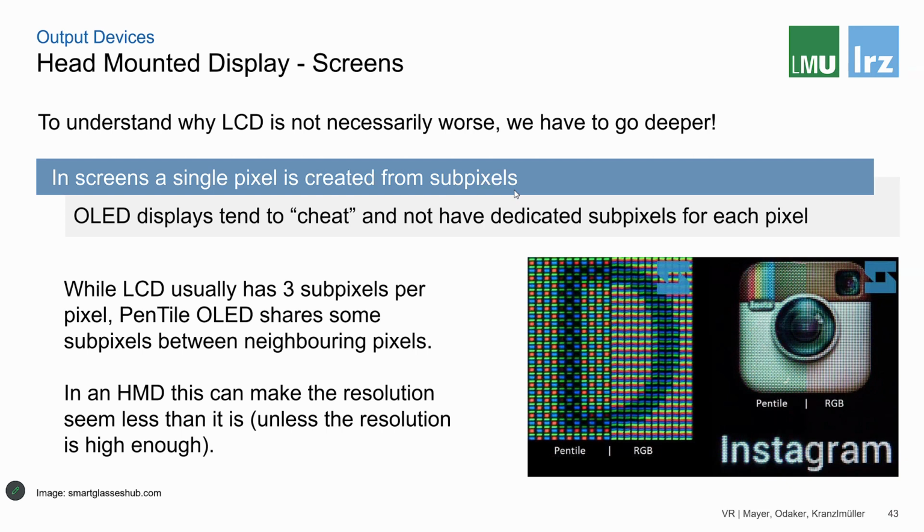Looking at this icon, the left half of the zoomed-in icon looks a bit more coarse because it's pentile layout, and the right-hand side looks a bit better because it's an RGB subpixel layout. So if you buy an HMD, actually check what screen it has and listen to the reviews. Be wary that there might be a quality difference.